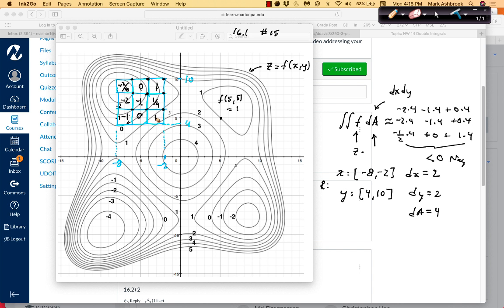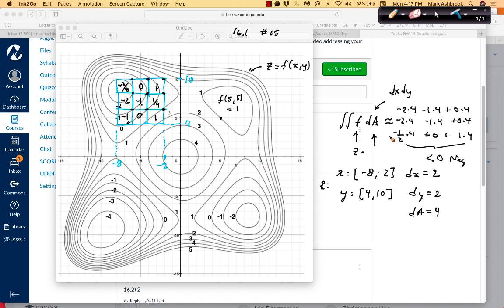So now, instead of just eyeballing the best estimate for what z would be on average over that, I'm getting the particular z value at the upper right corner and calling that the function value for the whole square. So it would be the same estimate now, but rather than the ones I picked off by eyeballing, I would be using the upper right corners.